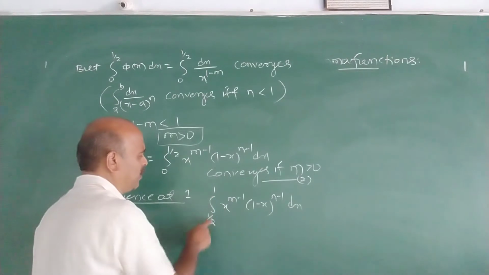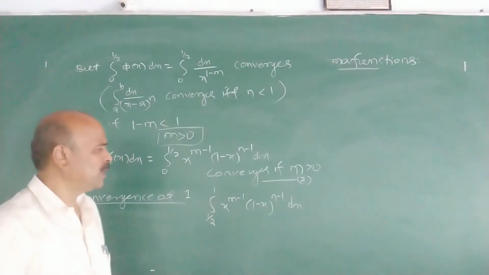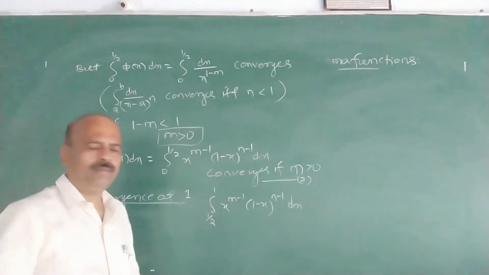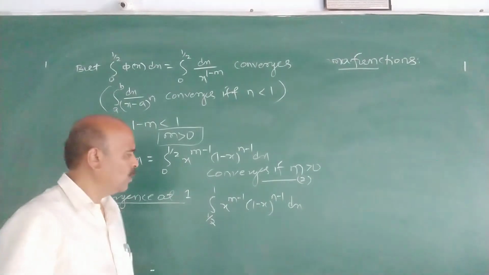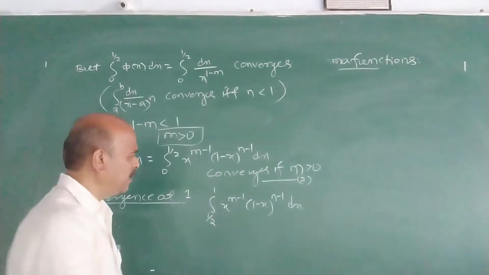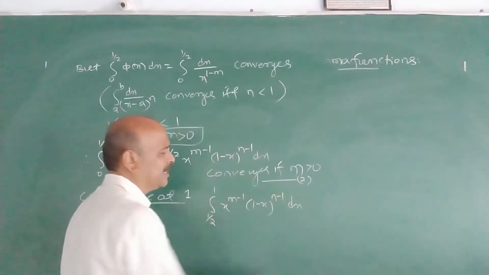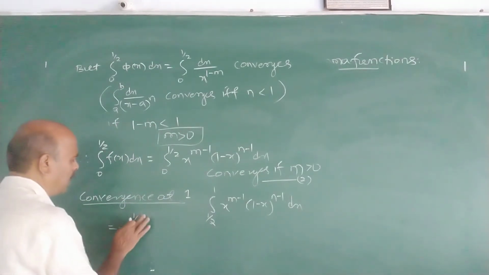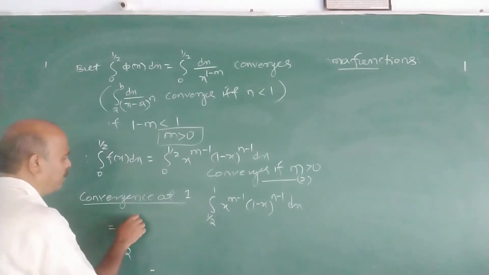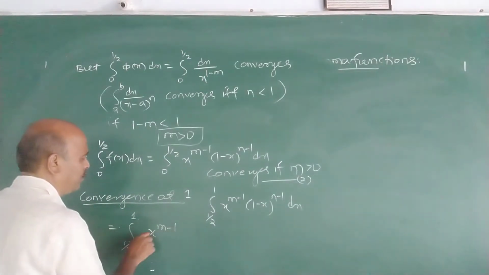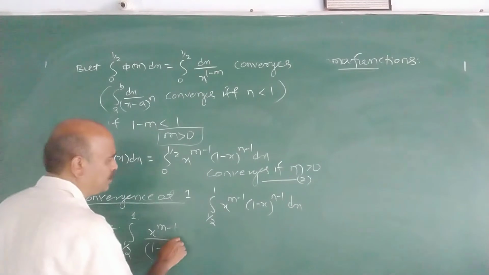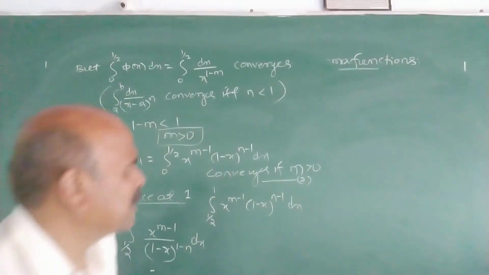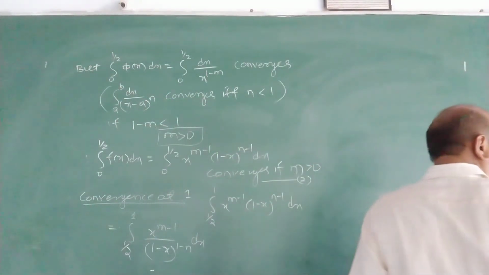Now, to consider convergence at 1, you have to consider half to 1; half is not a point of discontinuity. When 1 becomes a point of discontinuity, n-1 is less than 1. Therefore, we write this as the integral from half to 1 of x^(m-1) upon (1-x)^(1-n) dx, and take f(x) and phi(x) like this.